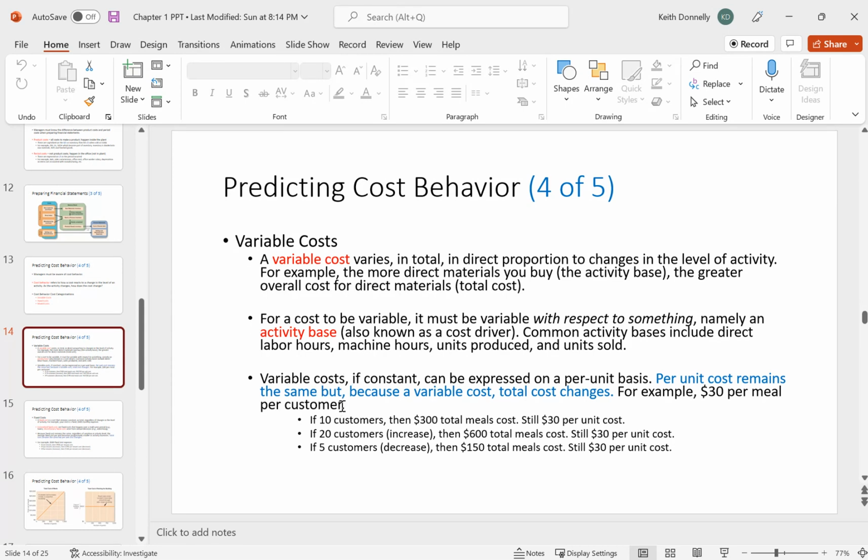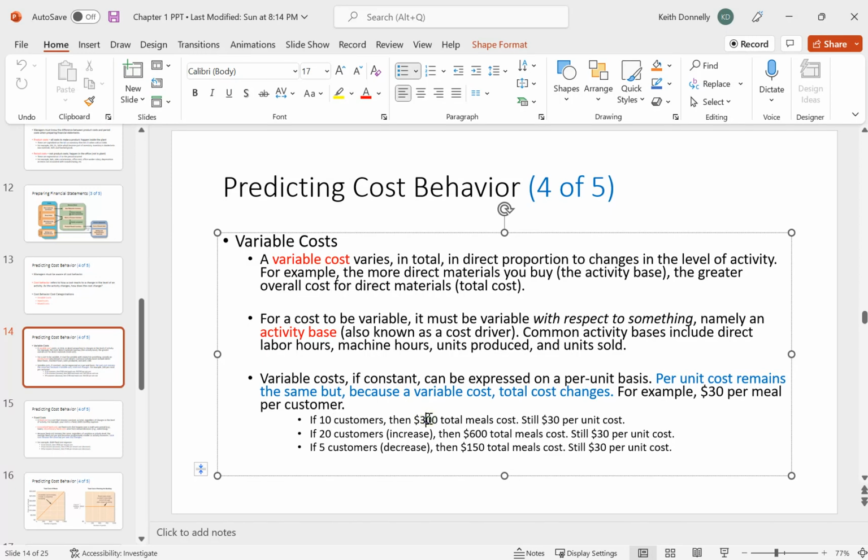So if it costs us $30 per meal per customer, with 10 customers we'd have $300 total, $30 per unit. If we have 20 customers, it goes up to $600 total cost, still $30 per unit. If we have 5 customers, it went down, and we have $150 of total costs, still $30 per unit.